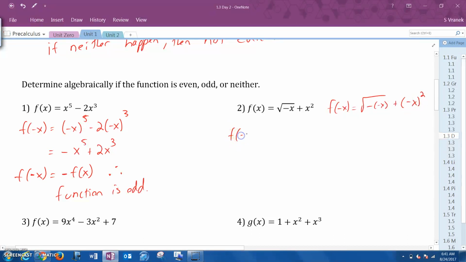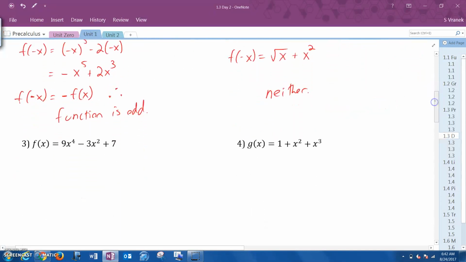So when we simplify that, we get the square root of x plus x squared. So this one did not change signs. However, this piece did change. So this probably is neither then. Okay. All right, let's go on to this one.